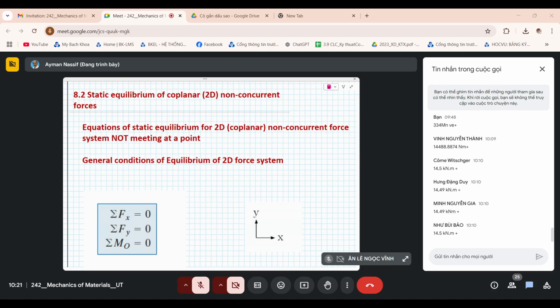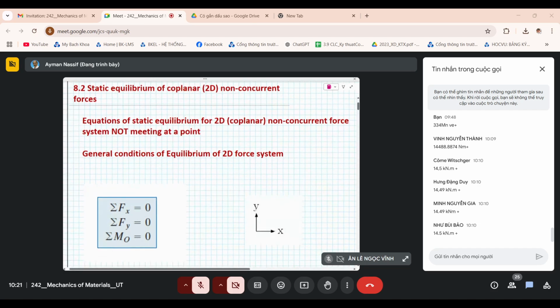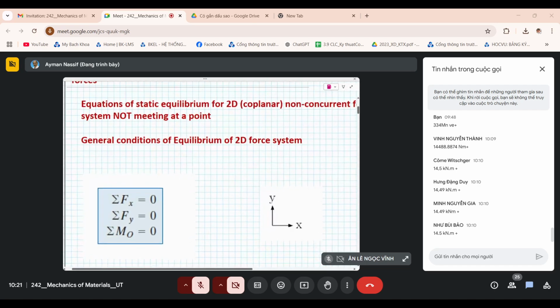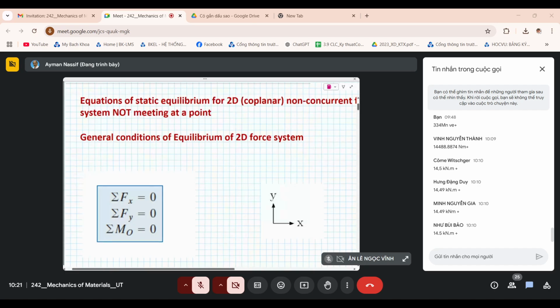So these are non-concurrent. They don't meet at a single point. In this case, you have 3 equations of static equilibrium. 2 of them are related to translation of this plane, linear movement in any direction, actually, but now we're just thinking about reference directions x and y.